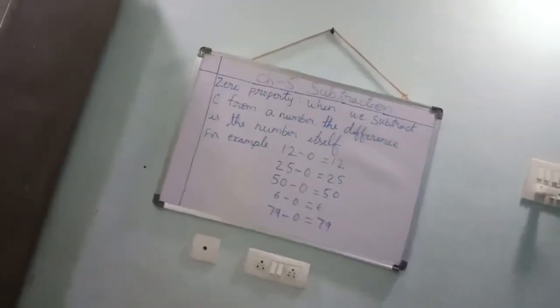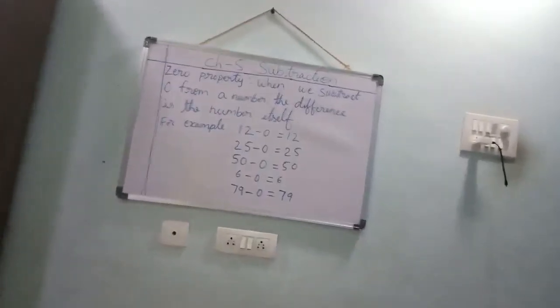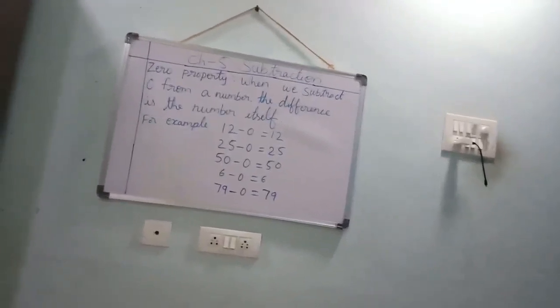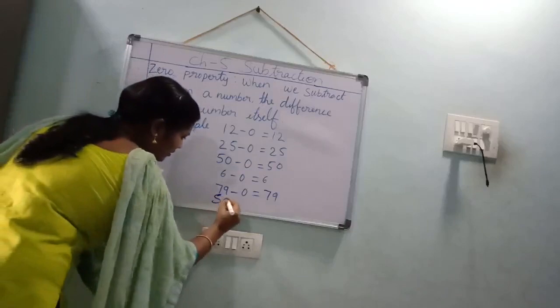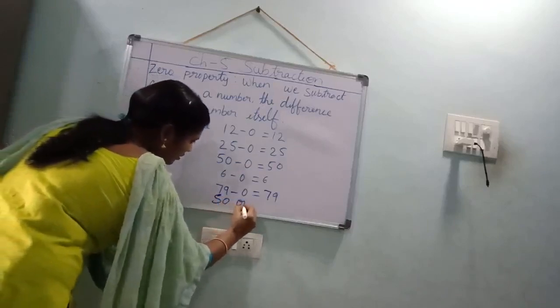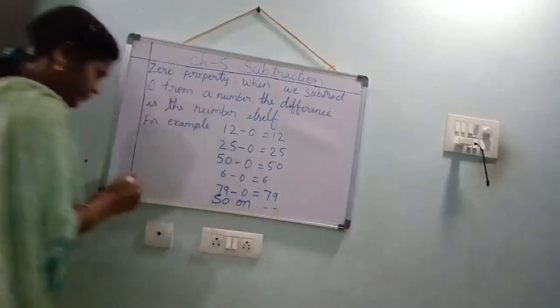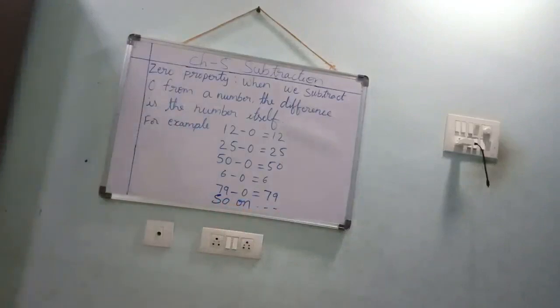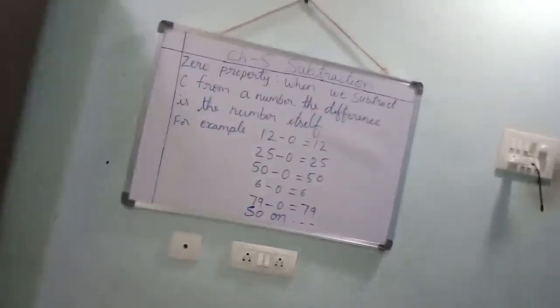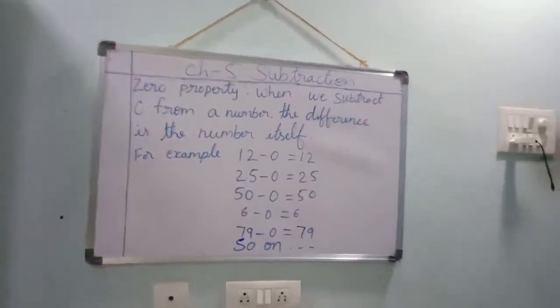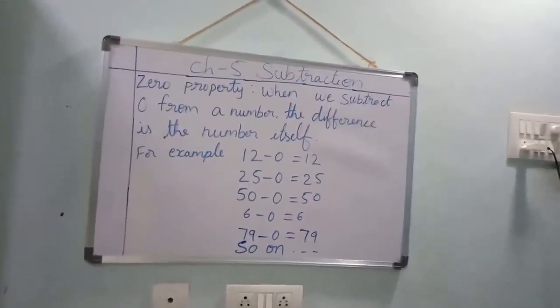If you minus 0, what will happen? That number will come. So many numbers you can try, if you subtract 0, you get that number itself. Understood, children? Copy in the classwork.